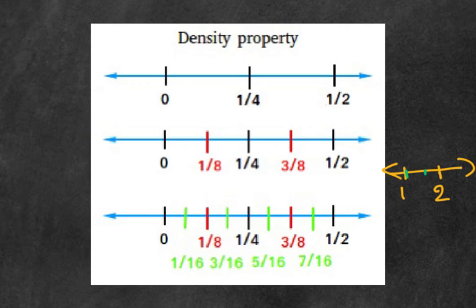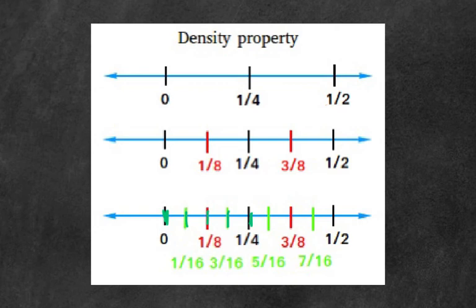So we can say between any two real numbers, there is another real number. Like this, between 0 and 1 over 4, real numbers, we can find many, or infinite, real numbers between 0 and 1 over 4.